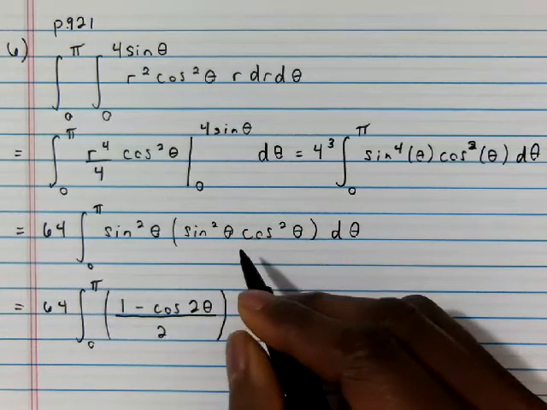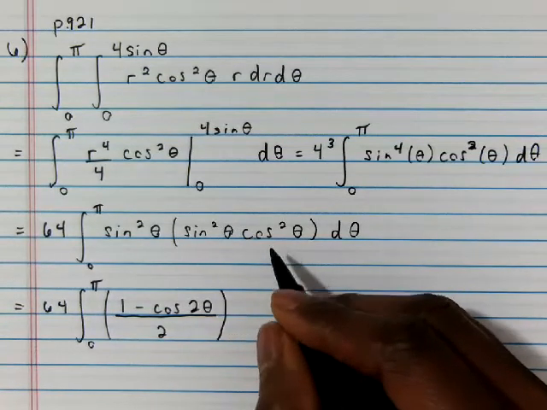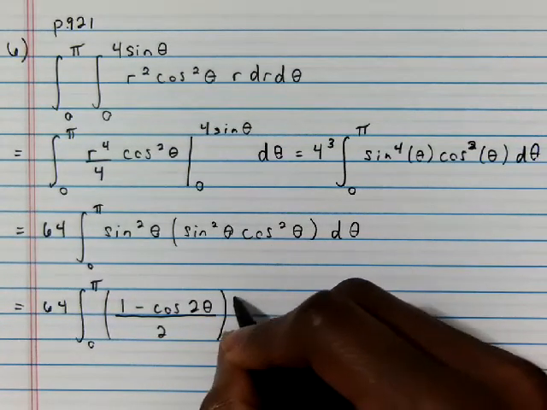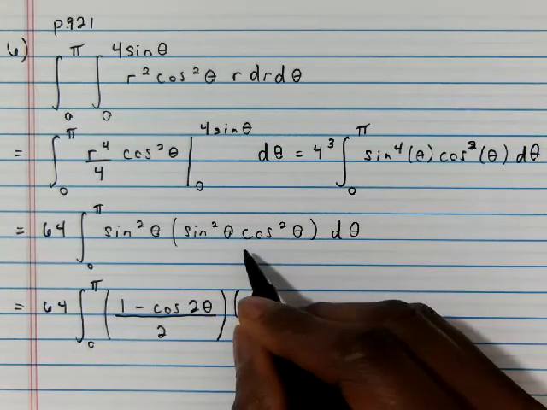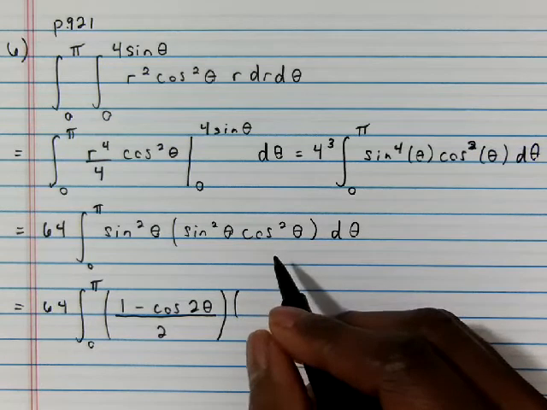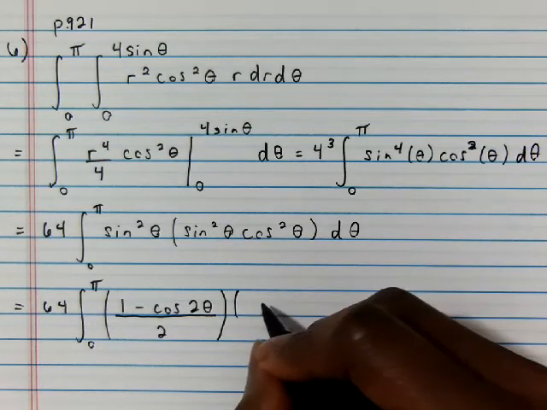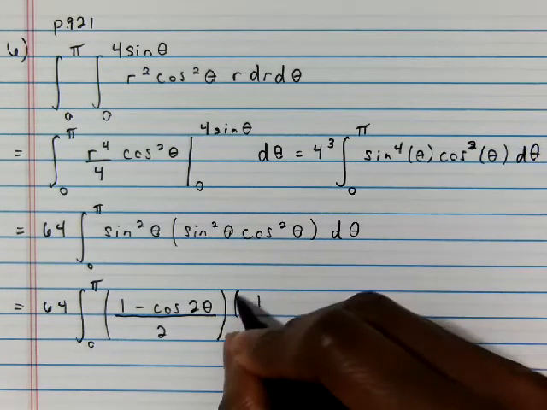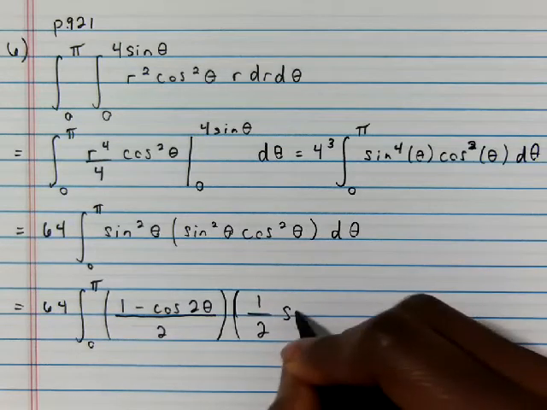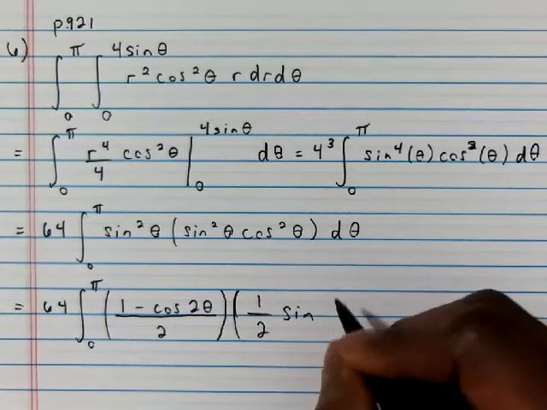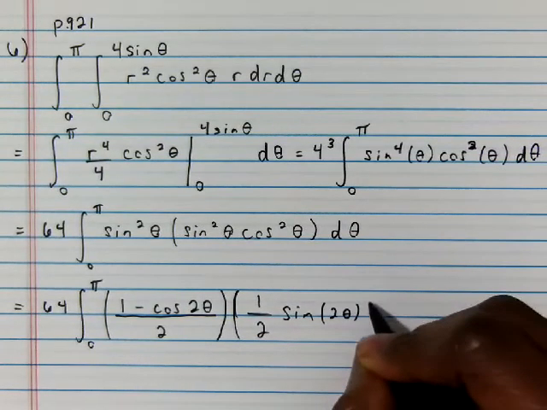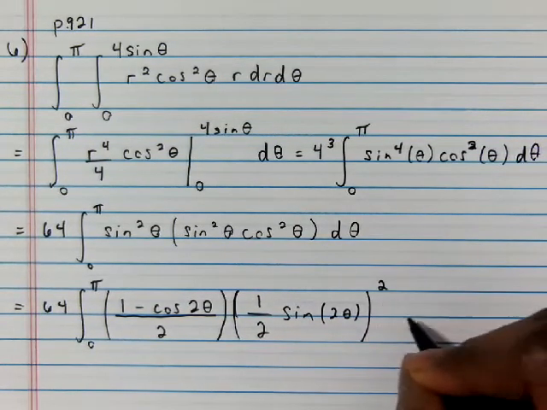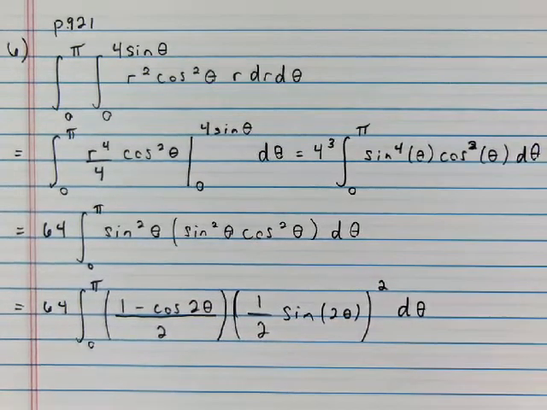And then sine of theta times cosine of theta is 1/2 sine 2 theta. So this ends up being 1/2 sine of 2 theta, squared, d theta.